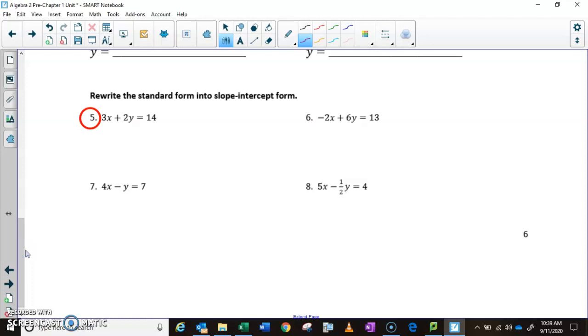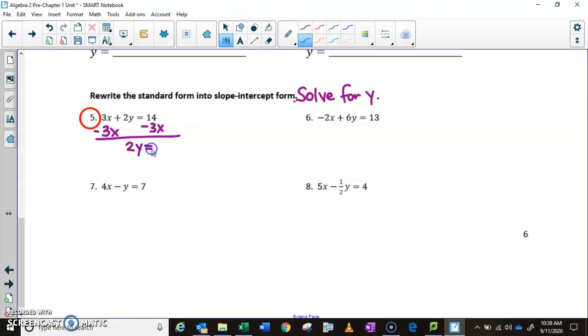Skip down to number 5. We'll finish the rest of those in class. Writing the equation in standard form into slope-intercept form, meaning solve for y. So let's solve for y. 3x plus 2y equals 14. We're going to subtract 3x from both sides.